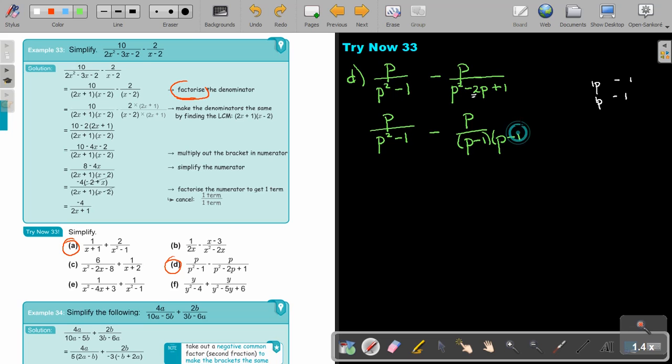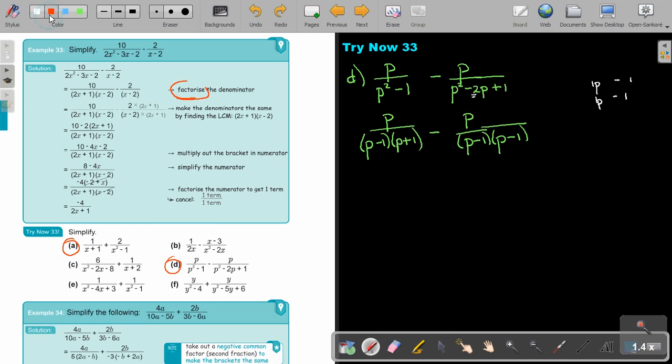And the reason why, because in this case, oh, I forgot. I want to just correct this also. I could have factorized, that's the difference between 2 squares. So it was actually p minus 1, p plus 1. Now be careful, because you are sitting there with a double p minus 1.